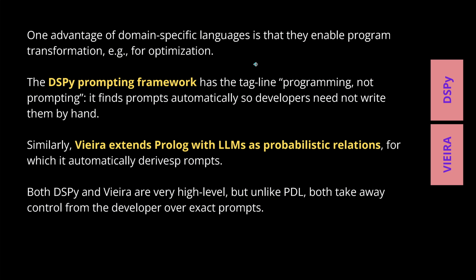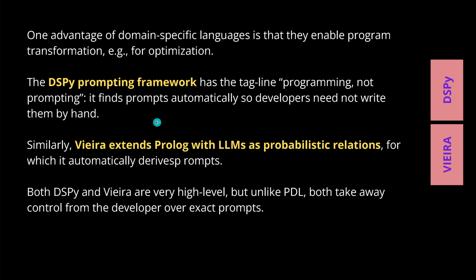What I wanted to tell you here is what the authors think about it. Because they compare it now, as I told you, to DSPy, and they say the DSPy prompting framework has a tagline of programming, not prompting, yeah? It finds the prompts automatically. So the authors say developers need not write them by hand. Now this is either good, or you like it, or you do not like it, whatever you do.